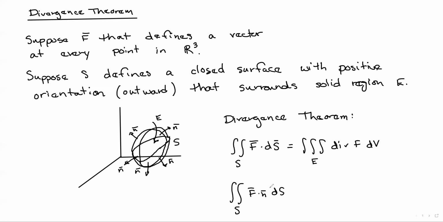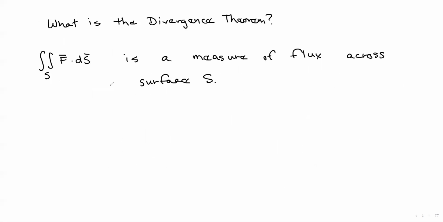And so this finds the degree to which the vector field vectors point in the same direction as the n, which is saying how much do the F vectors point across the surface? How much flow is there from the vector F across the surface? That's what this calculates. So the left-hand side is about measuring the flux across the surface.